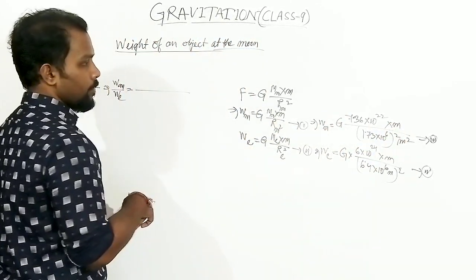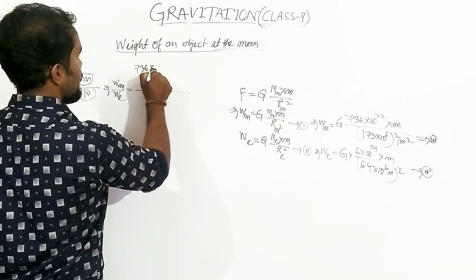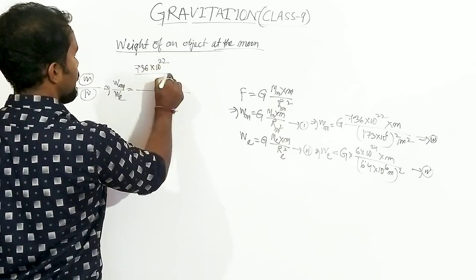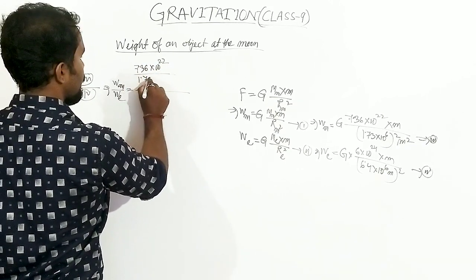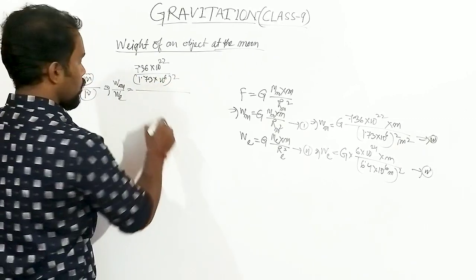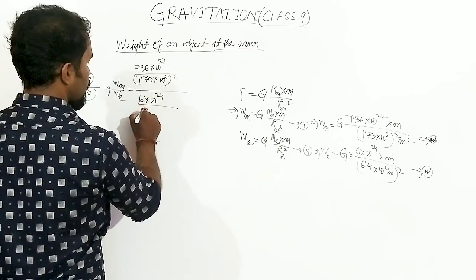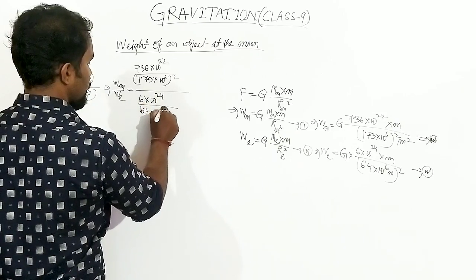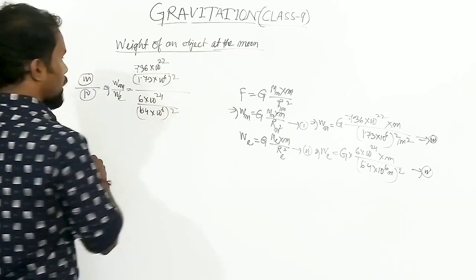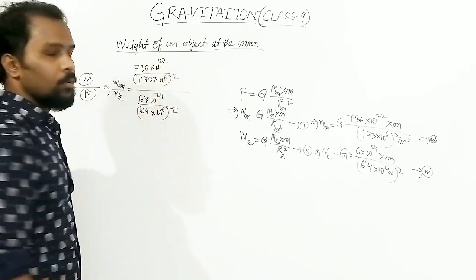So what will be there? 7.36 into 10 to the power 22 by 1.73 into 10 to the power 6 whole square. And here 6 into 10 to the power 24 by 6.4 into 10 to the power 6 whole square. All the units are the same here, so they will be cancelled out.